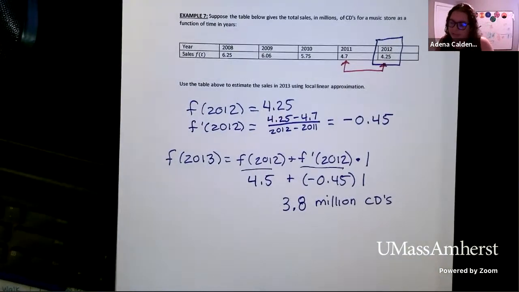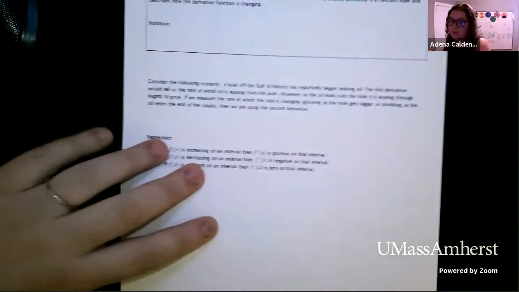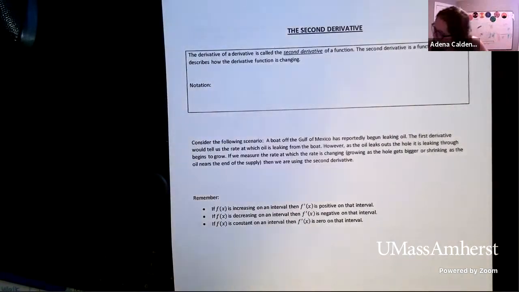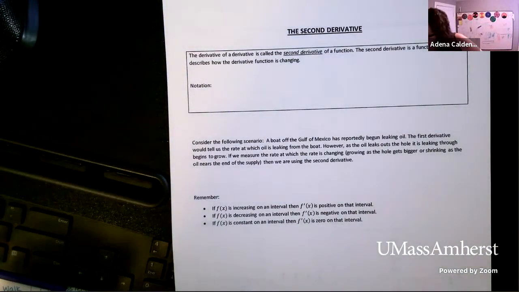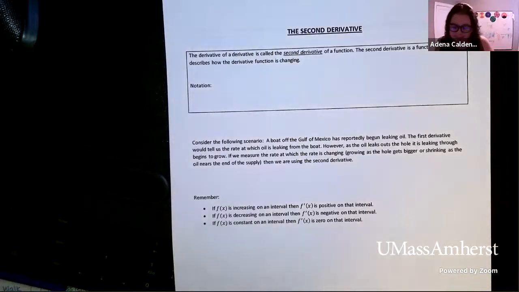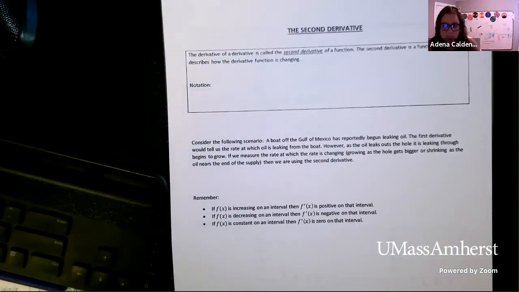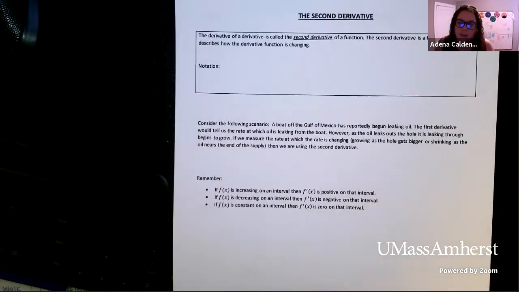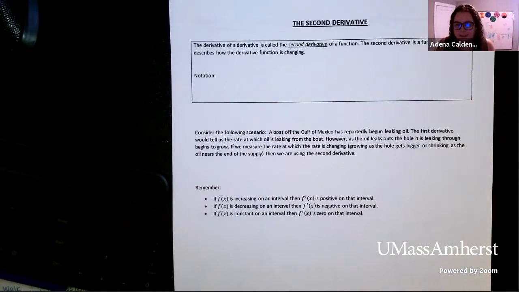And I sort of hinted that we would get to this because 2.4 is going to be talking about the second derivative. So we saw the example earlier where we saw that acceleration was the second derivative of position, right? And so I want to talk a little bit about notation, about why we need the second derivative, and sort of set the stage for what's going to happen here.